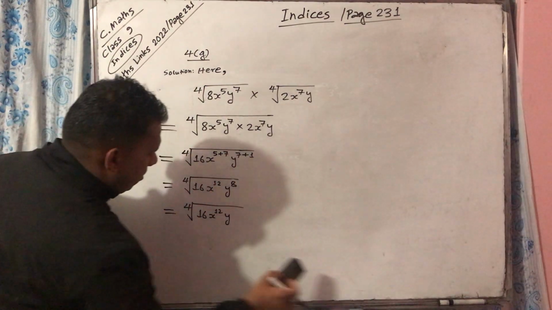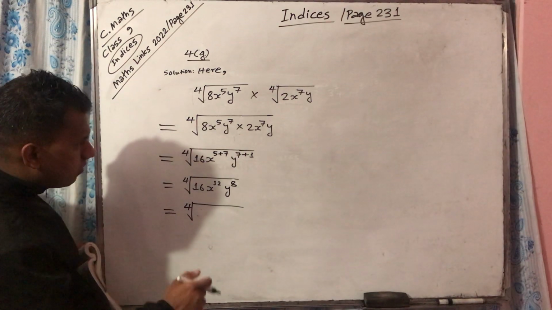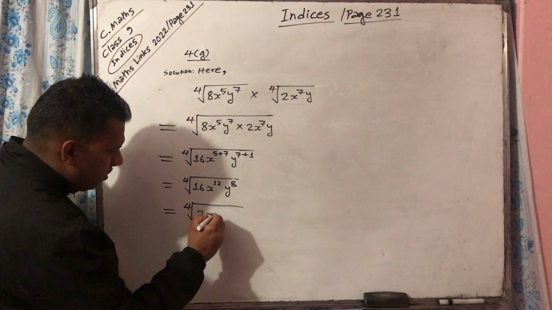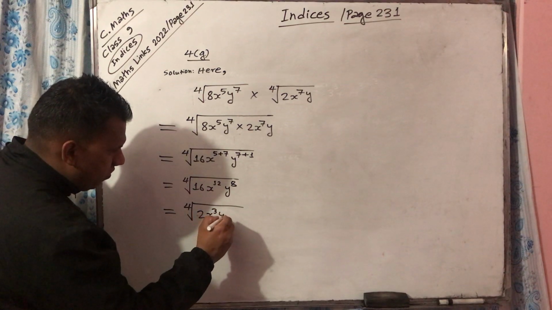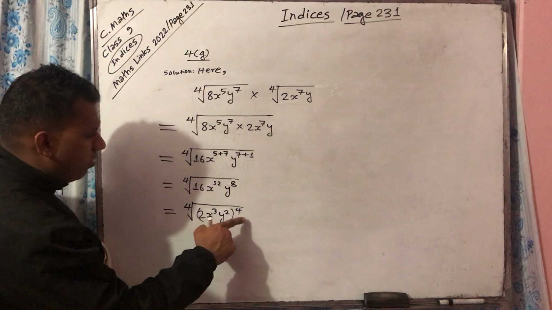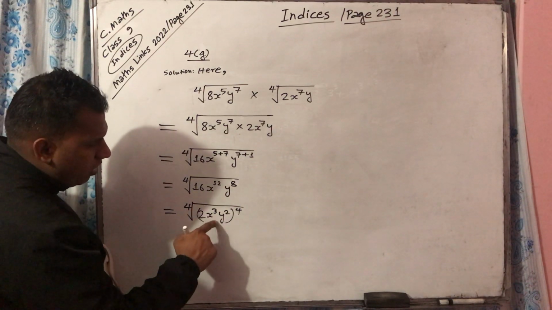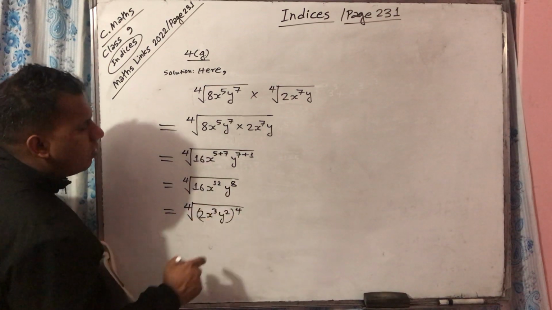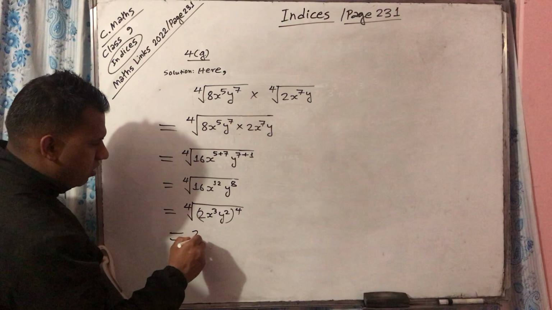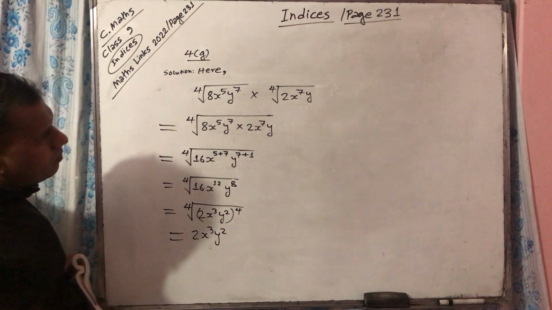It becomes fourth root of 2x cube y square whole power 4: 2 to the power 4 is 16, x cube whole power 4 is x to the power 12, y square whole power 4 is y to the power 8. So order and power are the same, so the answer is 2x cube y square.